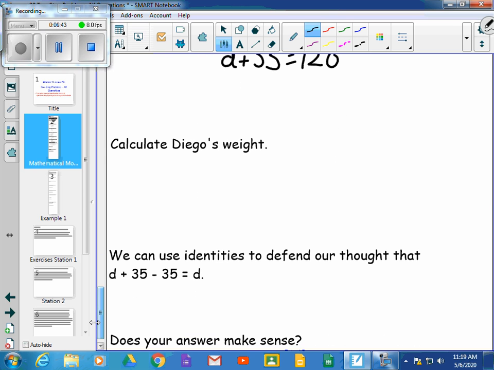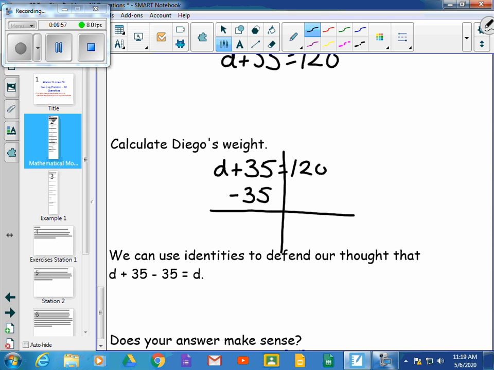We can use that to calculate Diego's weight. If we have D plus 35 equals 120, we can use algebraic methods to get D by itself. We would subtract 35, the opposite of plus 35. That would give us D over here, and then we subtract away 35 here, and that would leave us with 85.